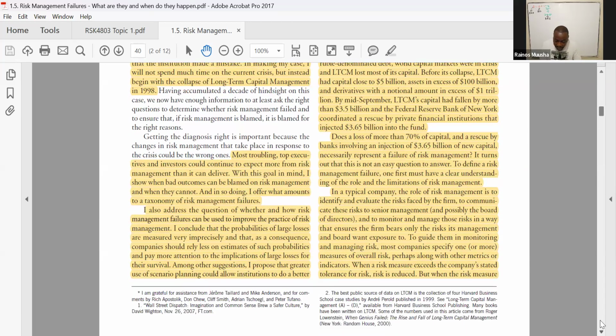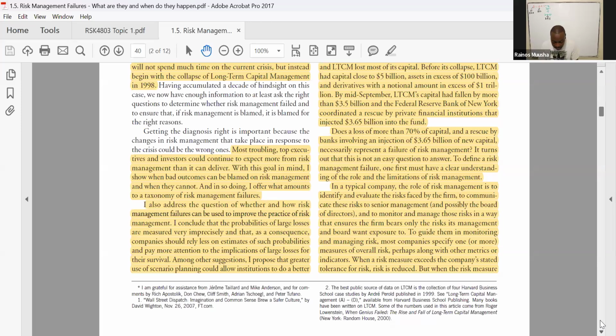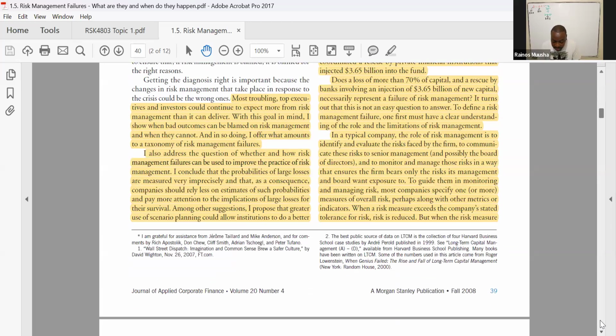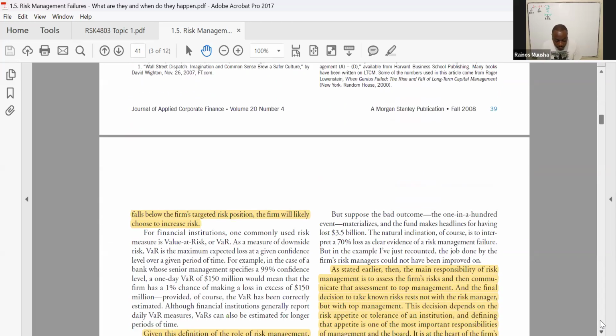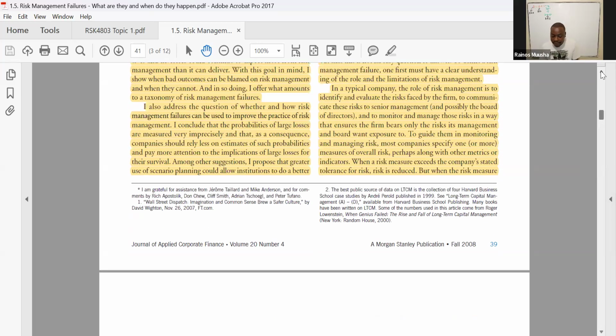To guide them in monitoring and managing risk, most companies specify one or more measures of overall risk, perhaps along with metrics and indicators. When a risk measure exceeds the company's stated tolerance for risk, its risk is reduced. But when the risk measured falls below the firm's targeted risk position, the firm will most likely choose to increase the risk.